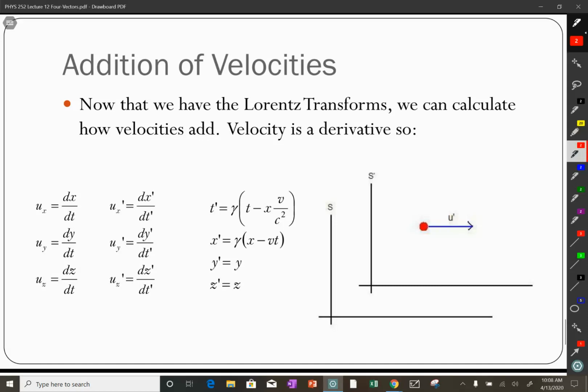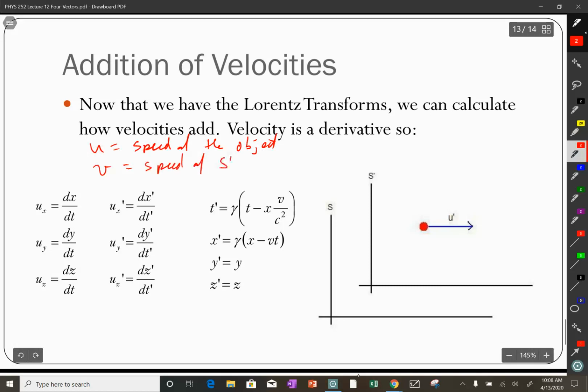So just like in class, we're using u is equal to the speed of the object, and v is equal to the speed of S prime with respect to S. And so we just have the definitions of speed. The speed in the x direction is dx/dt, speed in the y direction dy/dt, speed in the z direction is dz/dt.